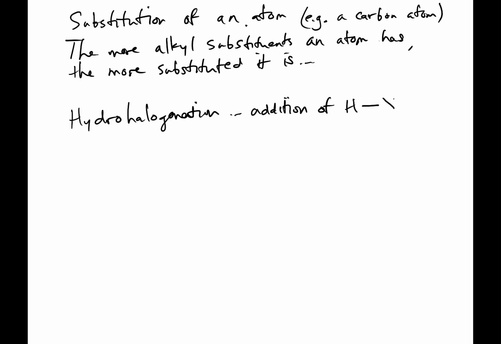I'm going to write H dash X, where X is a halogen. That's where this comes from. Cl, Br, or I, typically, across an alkene. Again, what that means is across the carbons of an alkene, H goes to one carbon, X goes to the other carbon.